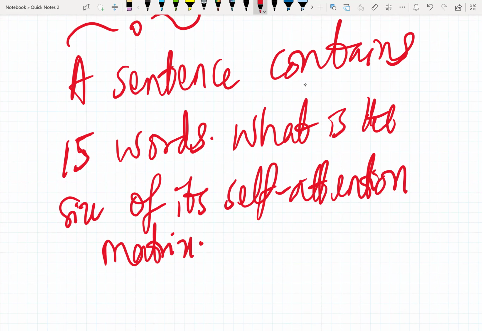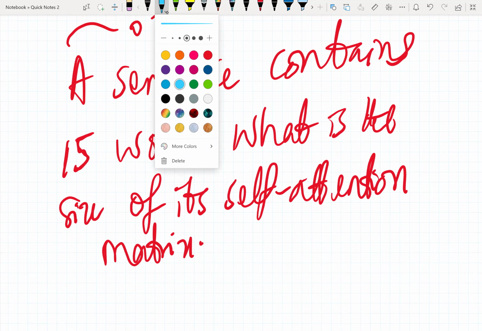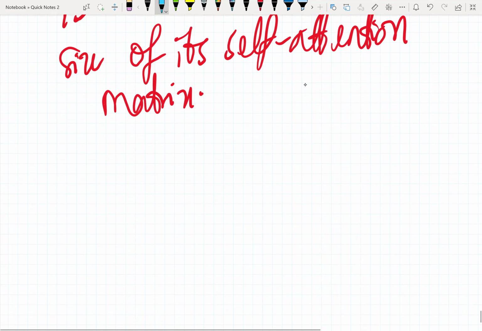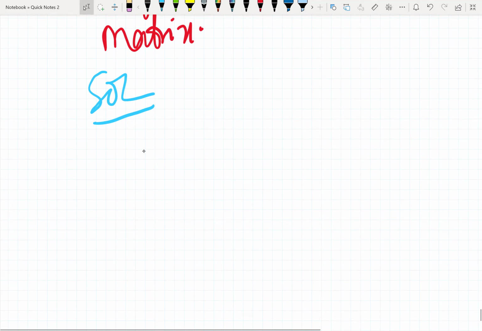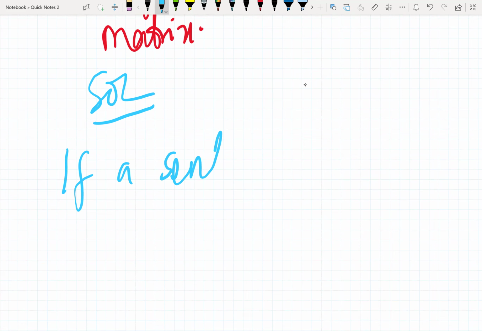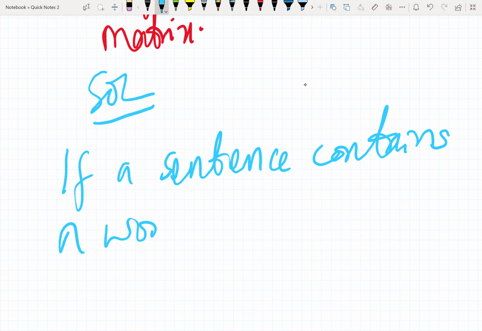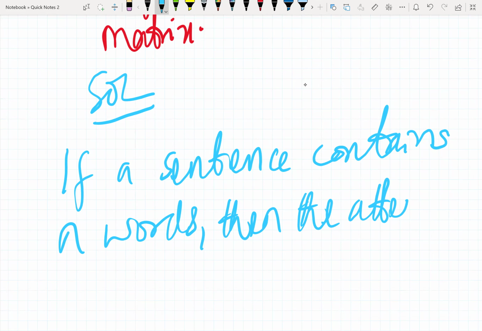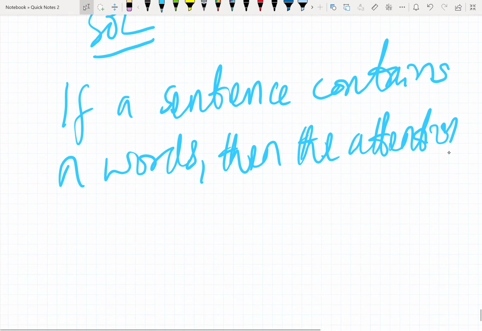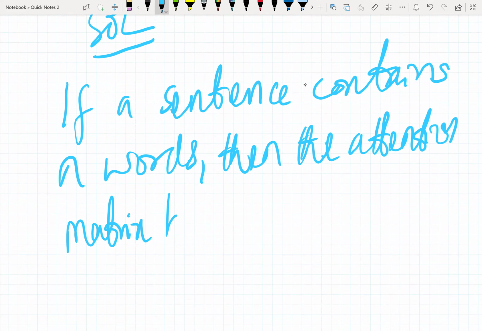So the solution here is like this. In self-attention, every word compares itself with every other word in the sentence, that's the whole idea of self-attention. So if a sentence contains n words, then the attention matrix has size n by n.